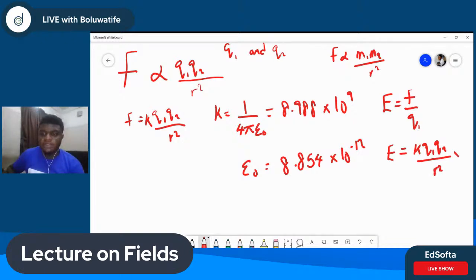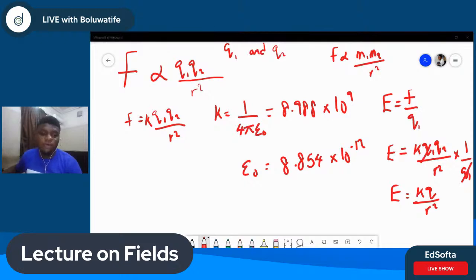If you multiply by 1 over Q1, the Q1 cancels out. So you have that E is equal to KQ over R squared. So that's electric field intensity for you.